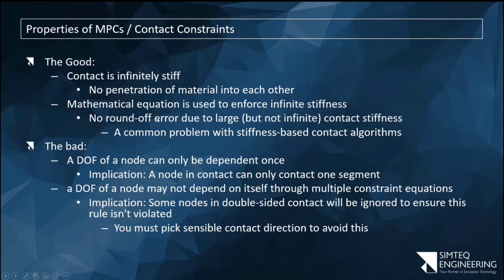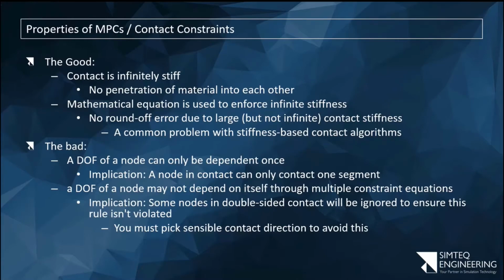So because of this, we get infinite stiffness, which is what we want. If we replace this with a stiffness-based method, a penalty method, Lagrangian multipliers, depending on the method and so on, all of those have some kind of a stiffness involved. And ideally, we want that stiffness to be as high as possible.